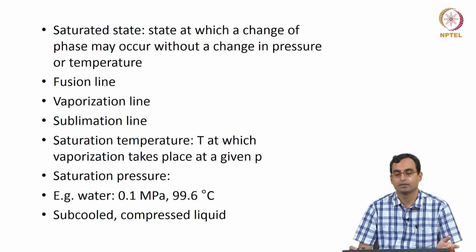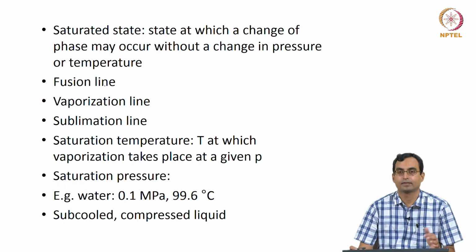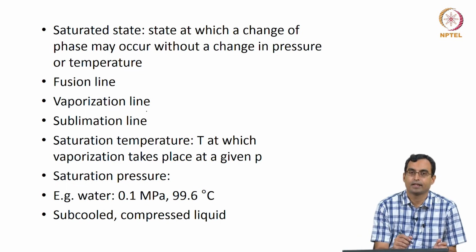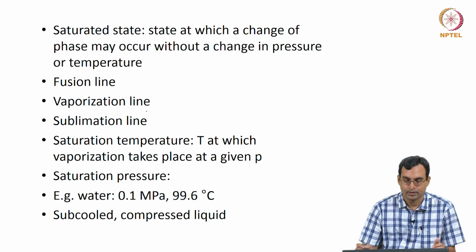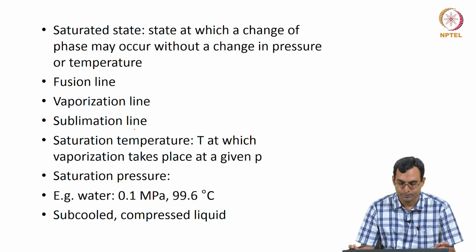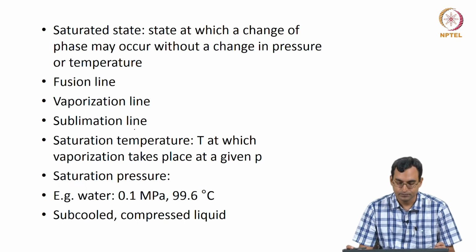When we have a change between liquid phase and vapor phase, we call it a vaporization line. We were so far looking at the vaporization line, and when you have a change from solid to vapor, we call it a sublimation line, or the process can happen in reverse also, where a vapor becomes a solid.